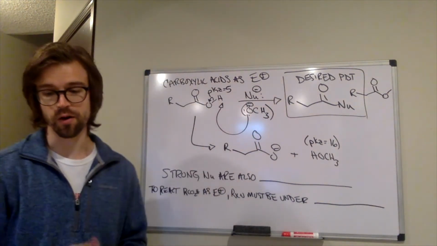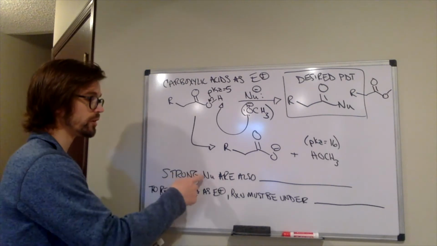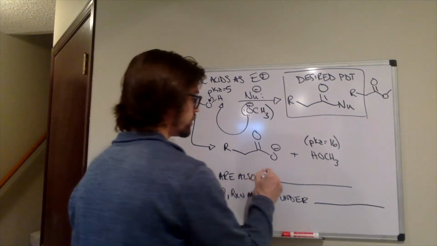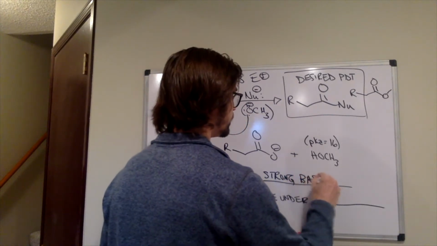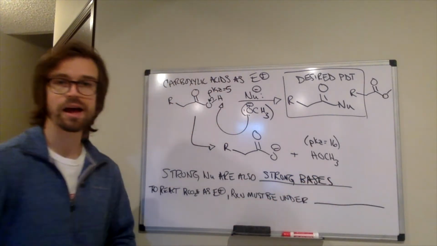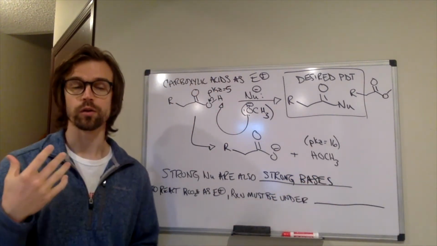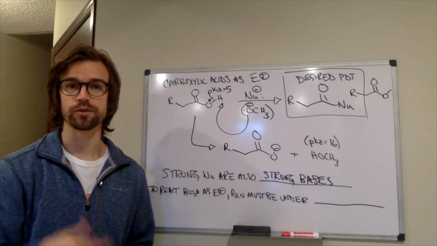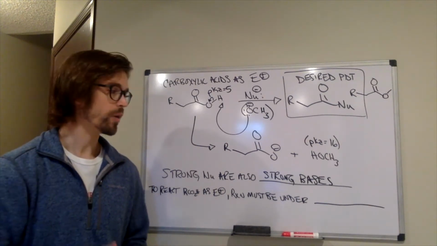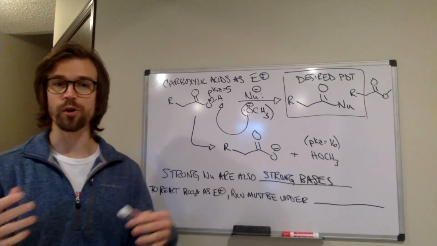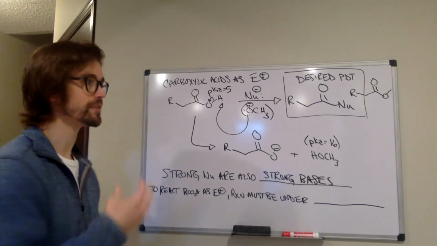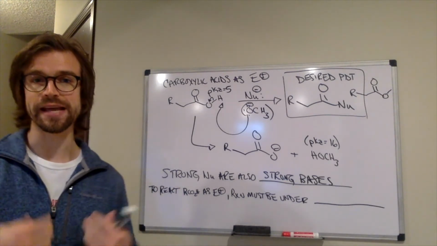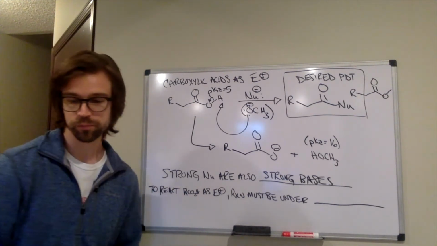And the answer is no, because strong nucleophiles are also strong bases. And that's what we talked about a lot during that organometallic chapter with Grignards and organolithiates. We had to use only aprotic solvents during any of those reactions because the nucleophiles would also just act as bases and deprotonate.